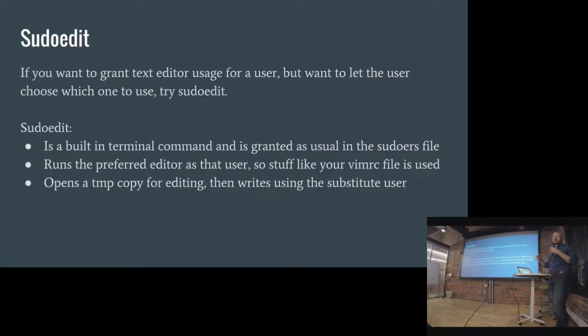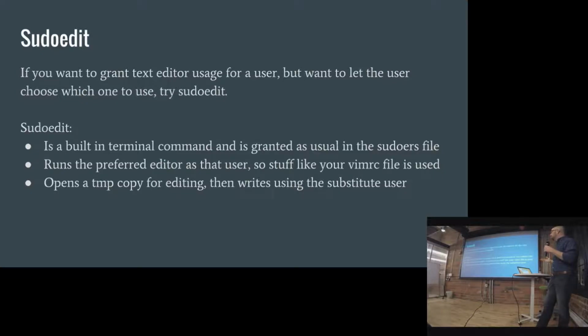Another cool thing that comes with the sudoers package is a program called sudoedit. So again, going back to text editors, if you don't want to have to grant somebody sudo access for Vim or Vi or Emacs or Nano or whatever their personal favorite text editor is, you can grant them sudoedit privileges, and then they can choose whatever their text editor is. When they want to use that with sudo privileges, they run sudoedit on the file they want to edit, and it loads it in their preferred text editor.